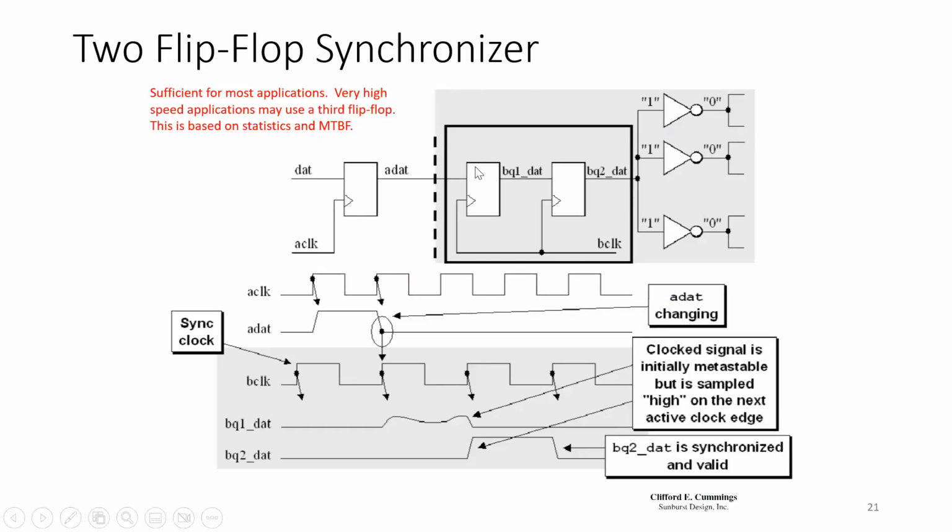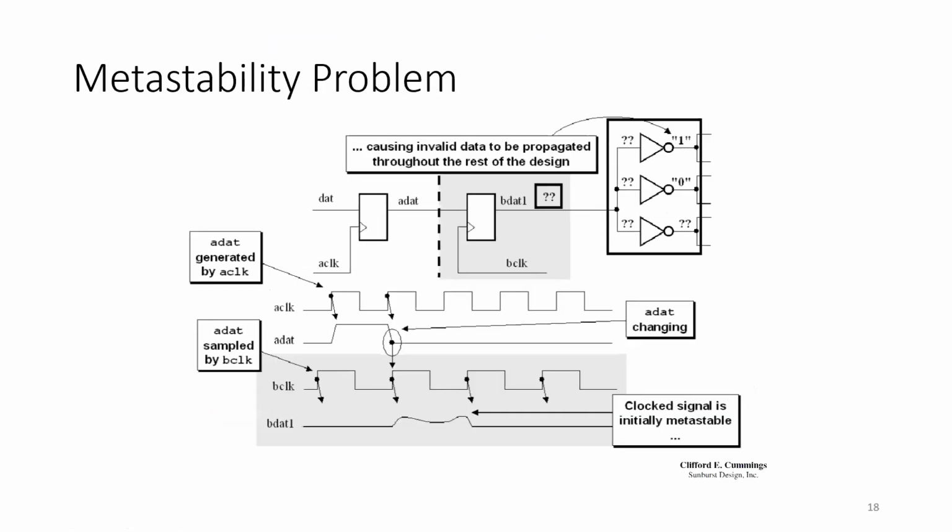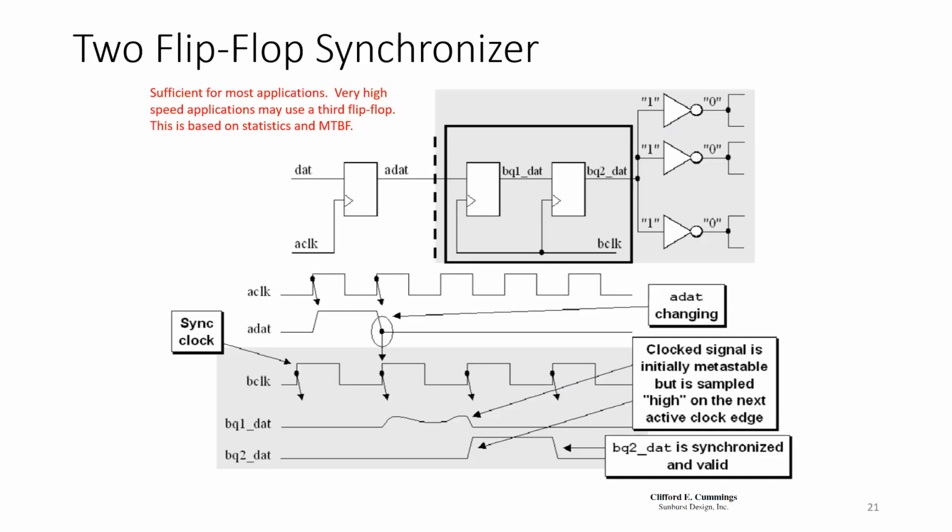This is repeated here, with A data. It is similar to this one, but here I modified the circuit by having 2 cascaded D flip-flops.